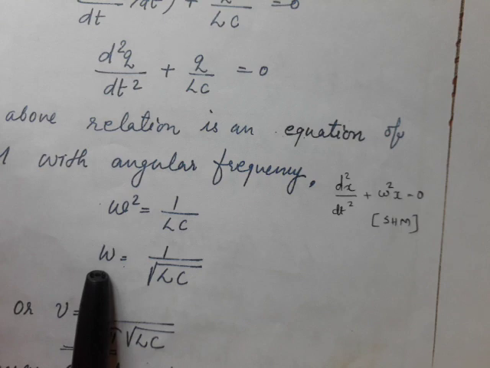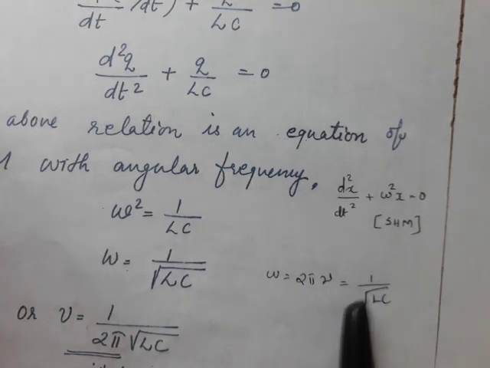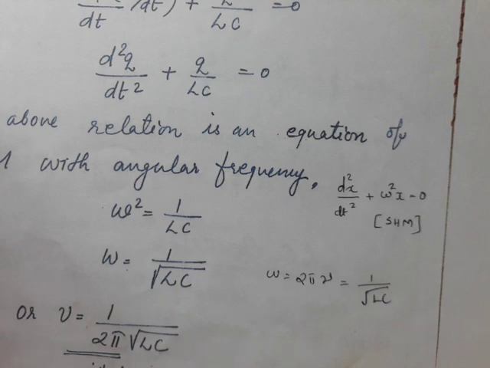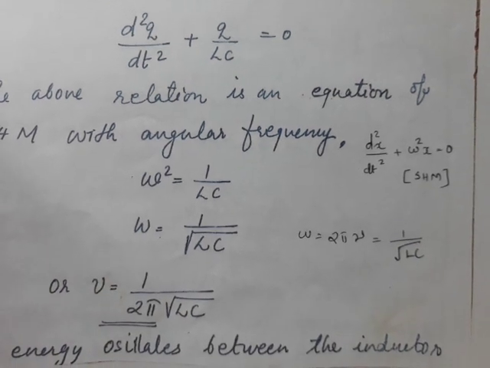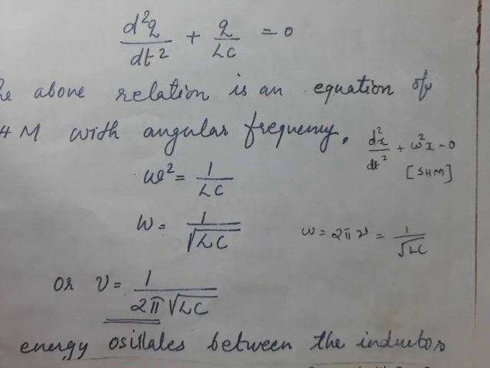Also omega is 2 pi frequency, 2 pi into nu. Therefore nu is 1 by 2 pi root LC. So this is the equation for the frequency of oscillation of an LC circuit, an LC oscillator. The frequency of oscillation of energy in an LC oscillator.